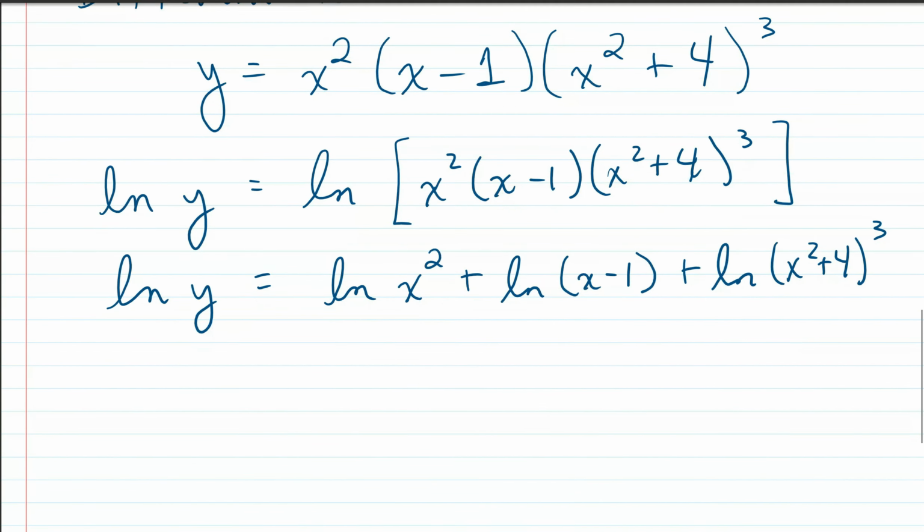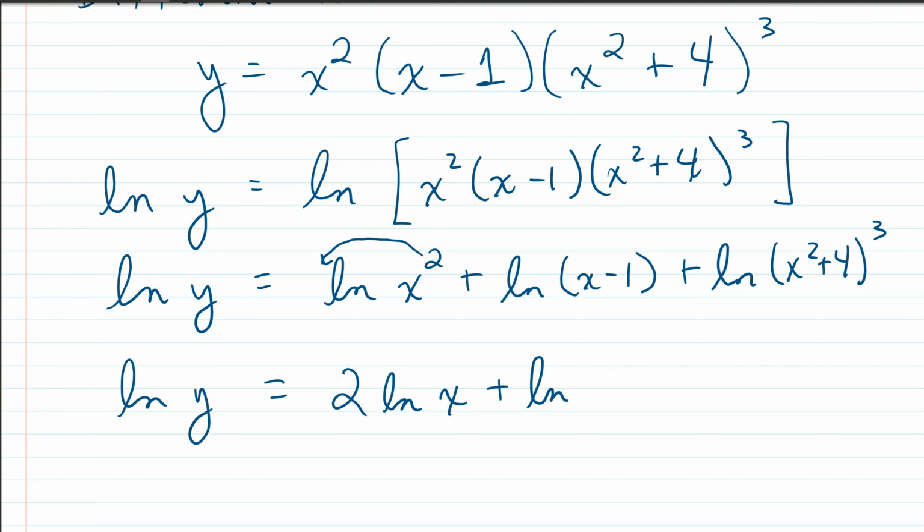All right, so in our next step, I'll bring down the natural logarithm of y. So here we have the natural log of x to the second power. So remember, there's another property. We used it just in that last example where the exponent can come to the front of the logarithm. So we have 2 times the natural log of x plus the natural log of x minus 1.